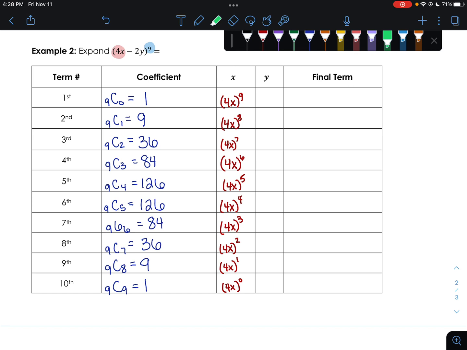Now we're going to do the same thing, but with the negative 2y, and yes, you need to include the negative sign. So that would be negative 2y, and we work our way up so that it starts at 0. The negative 2 needs to be in parentheses.